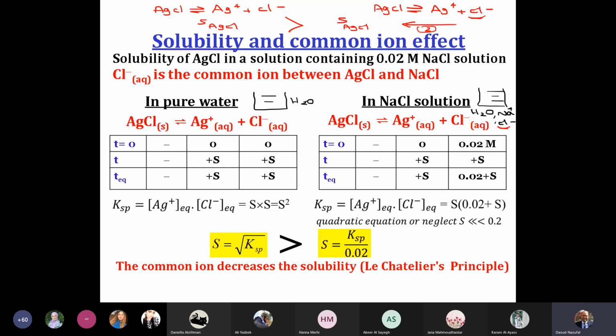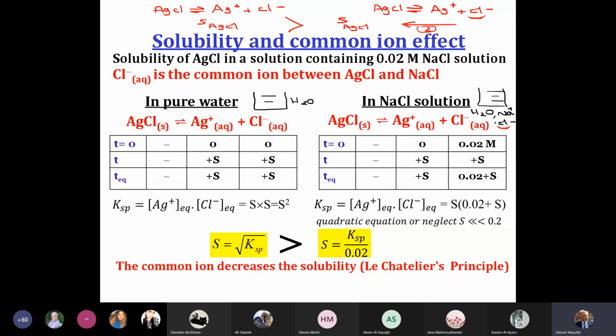In other words, AgCl dissolved in pure water has greater solubility than AgCl in a solution containing initially the common ion Ag plus or Cl minus. So the solubility of AgCl in a solution containing the common ion is less than the solubility of AgCl in pure water.